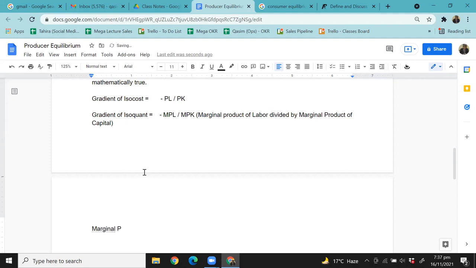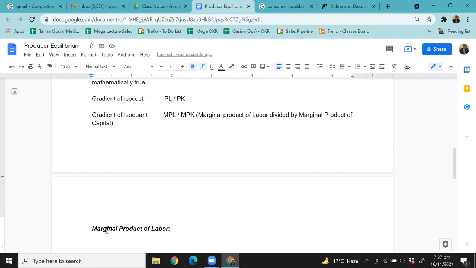You do know what marginal means in economics, right? Marginal means additional. Before this, in the consumer equilibrium model, we talked about the term marginal utility. Marginal utility was the additional utility extracted from consumption of one more unit of the good. Now here we're talking about marginal product of labor.